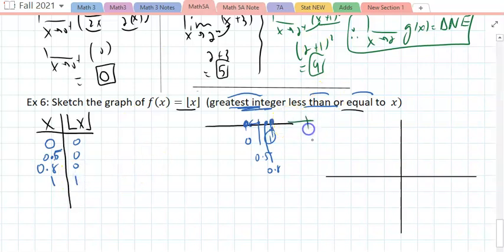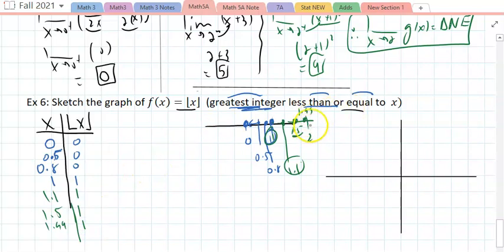What if I picked 1.1? What's the greatest integer less than or equal to 1.1? Well, obviously it's a 1. How about 1.5? What's the greatest integer less than or equal to 1.5? Well, that's 1. How about 1.99? The greatest integer less than or equal to 1.99 is 1.